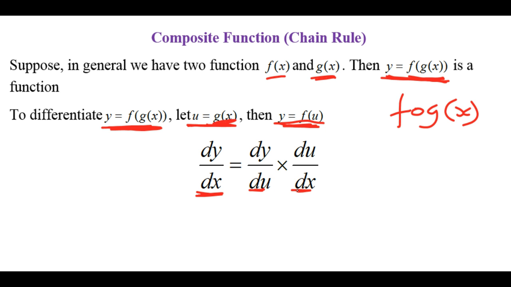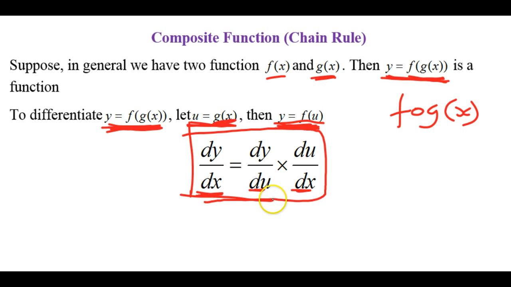It means to differentiate y as a composite function, it will be equal to differentiating y with respect to u times differentiating u with respect to x. And this is what we refer to as chain rule.